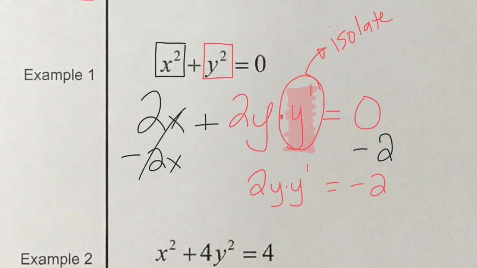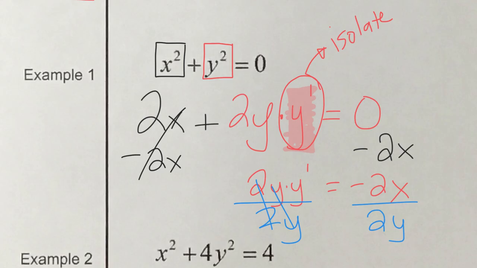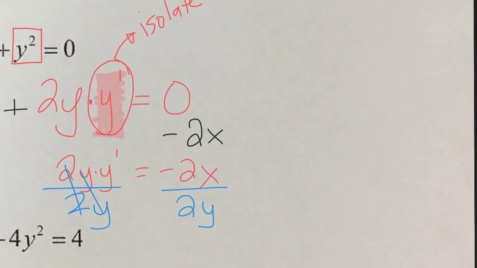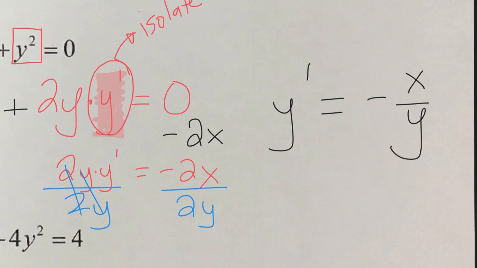Sorry, this needs to be an x. And then our last step would be to divide by 2y. Okay, so we're going to do some simplifying. 2 divided by 2, that's a pretty easy thing to simplify. So y prime is the negative of x over y.